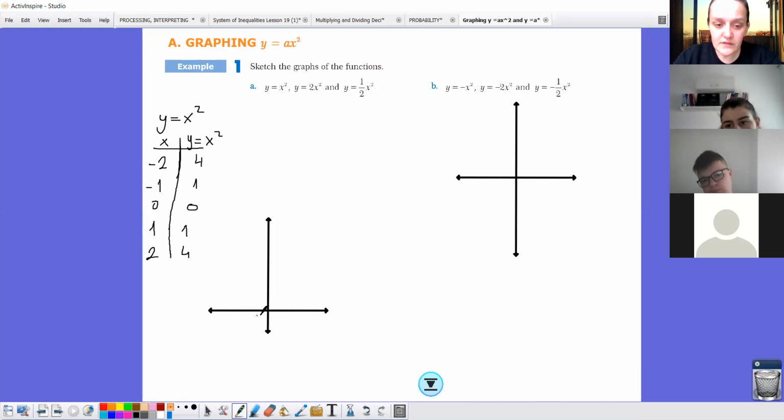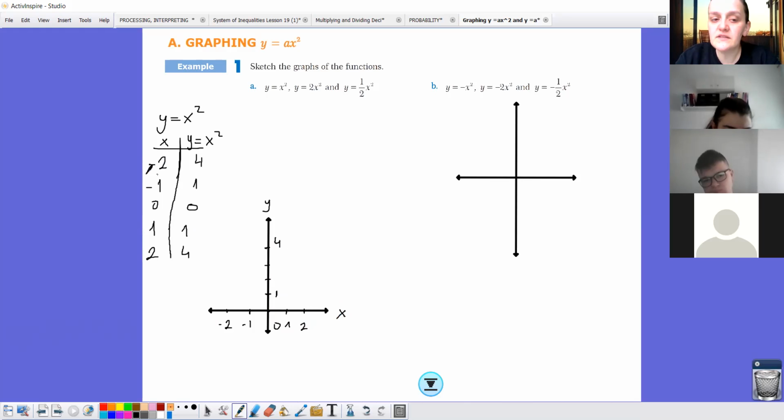Now, let me find 0 is here. Let's say 1 is here. And -2 is here. Here I have the positive ones. These are x values. And here we'll find the y values. What I have, 0, 1, 2, 3, and 4 here.